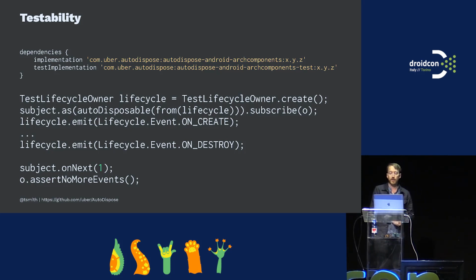Two, and more importantly, we provide a test artifact to be consumed that provides additional functionality. This provides a test lifecycle owner, and it enables you to emit fake lifecycle events. This allows testing of lifecycles in RxJava, which could be especially useful to customers who rely on custom lifecycle events. For example, we can easily verify that after onDestroy has been called, no more events are emitted from a stream that you're interacting with.